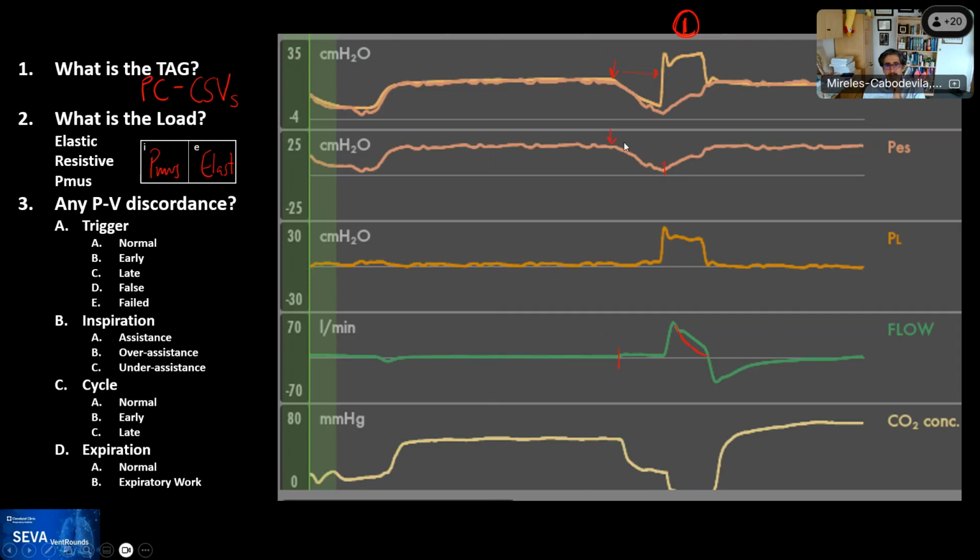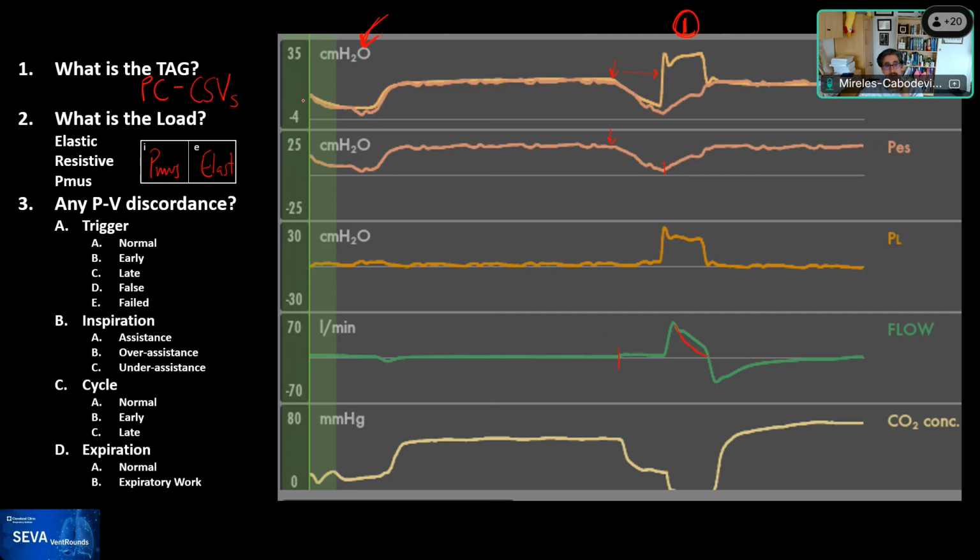So now that we have seen that, there are some of you that also recognized that there was a failed trigger. A couple of you recognized this breath over here that also had a drop in pressure, but it didn't trigger a breath. There's no mechanical breath that occurred there.